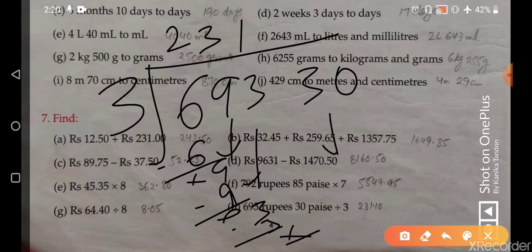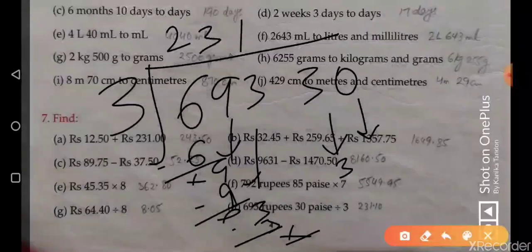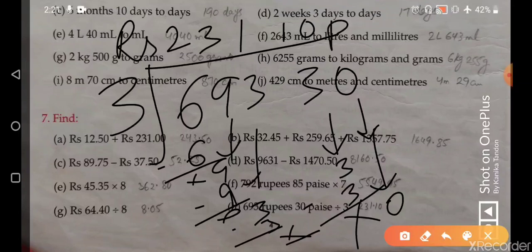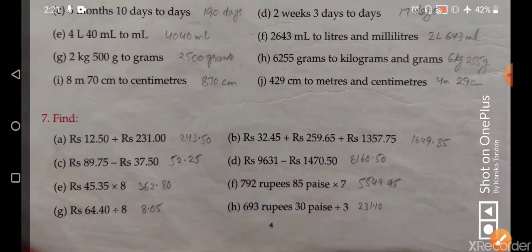Coming to 30, 3 1s are 3, 0, we'll put a 0 here. So it will be rupees 231 and 10 paisa. I hope this is clear to you all, and it is easy for you to do it yourself.